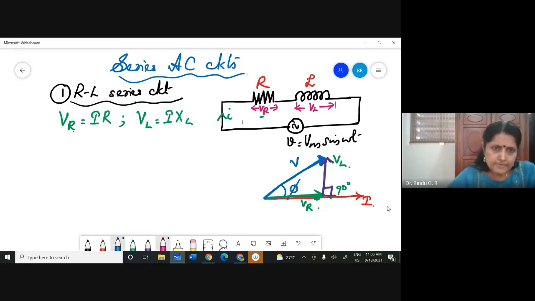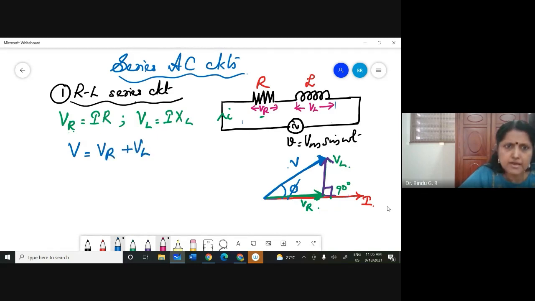Now, we have something more to find here. What is this V by the analytical method? V is equal to VR plus VL. We have to add vectorially, or vectorially means actually phasor. Phasors should be added.